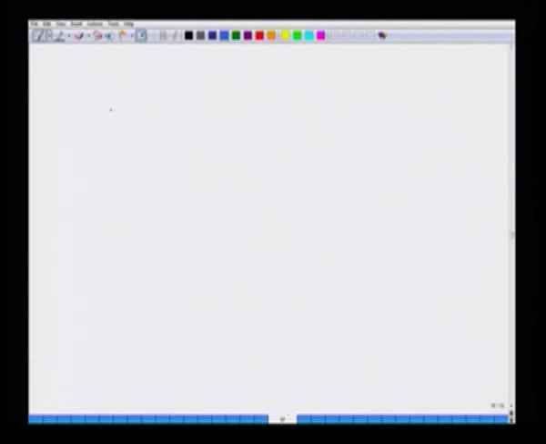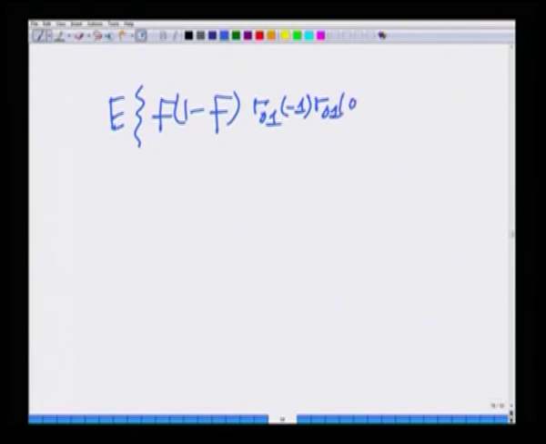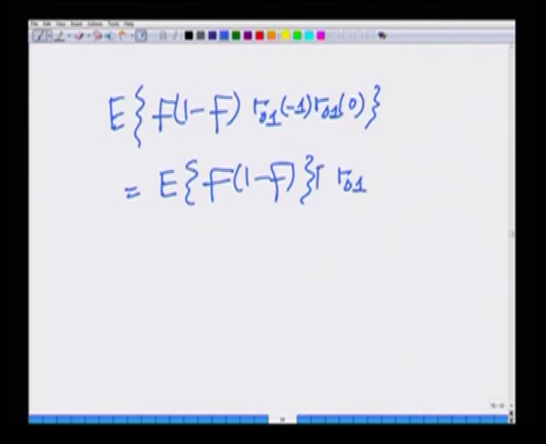Now, I am going to expand out the final quantity, that is expected f times (1 minus f) into R01 of minus 1 R01 of 0, which is equal to expected again f into (1 minus f) of R01 of minus 1 into R01 of 0.